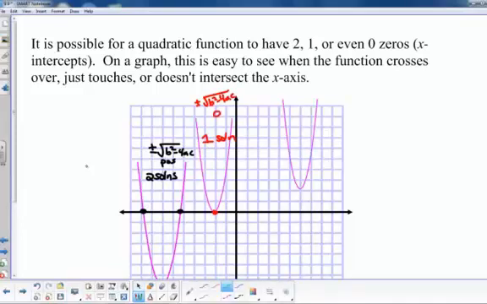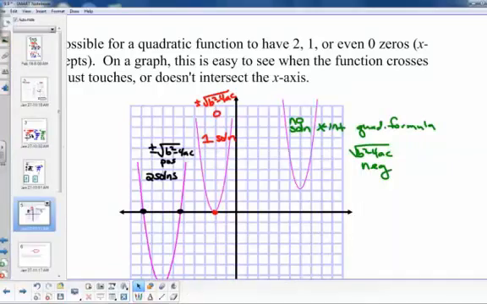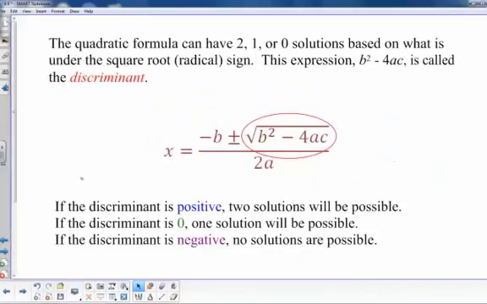Or you're going to get no solution for the x-intercept. In that case, the square root of b squared minus 4ac is negative, and you cannot take the square root of a negative, so that's why it looks like that. Which is what I just explained.